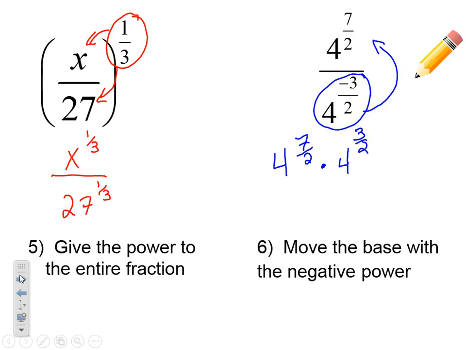So now we know when we're multiplying them together, we need to add our exponents. So I'm going to take 7/2 plus 3/2, and that's going to get us 10/2, and we're going to simplify that, and it's going to be 5. So our answer for this one is going to be 4 to the 5th power.